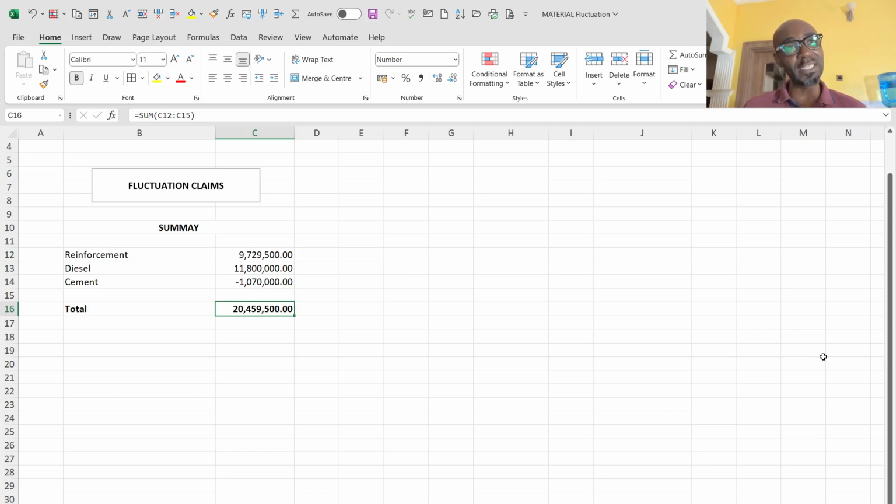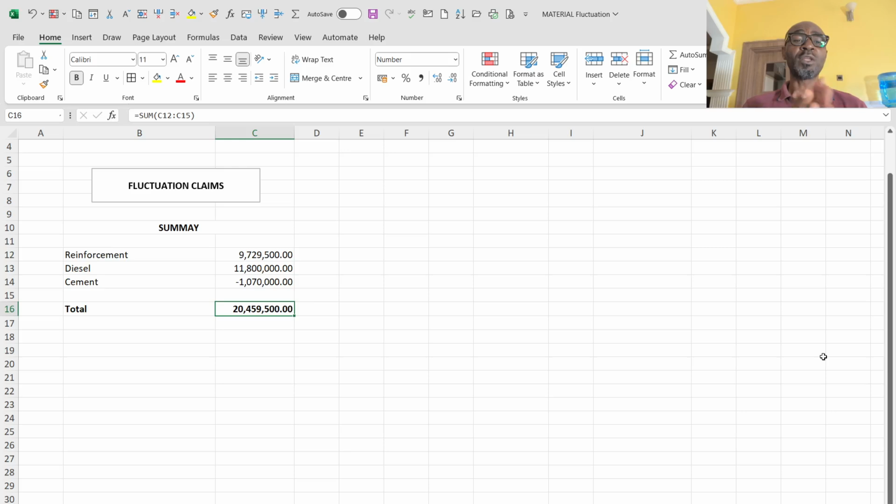If it is the base date that you are expected to insert, usually the date that you submit your tender can be referenced as the base date, so that whatever the prices of those items were on that date will be what is used to compare the prices you are buying at going forward.